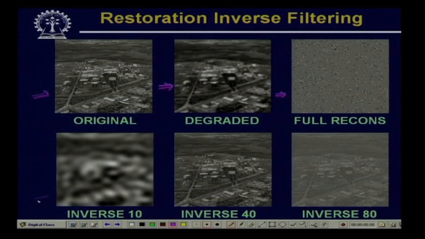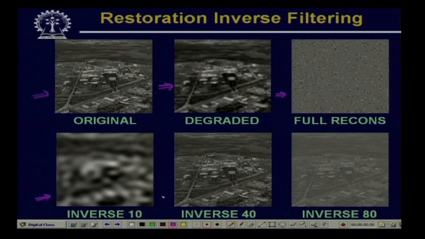Here on the bottom row, the leftmost image shows the reconstructed image where we have considered only the values of u and v which are within a radius of 10 from the center of the frequency plane. Because this is a low pass filtering operation where the cutoff frequency was very low, the reconstructed image is again very blurred, because many of the low frequency components along with the high frequency components have been cut out.